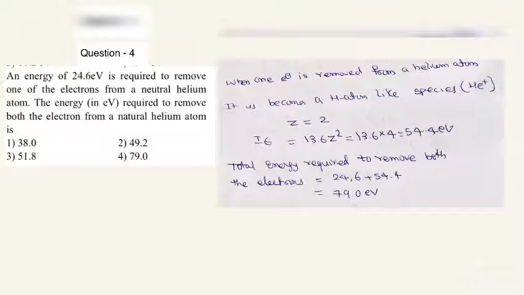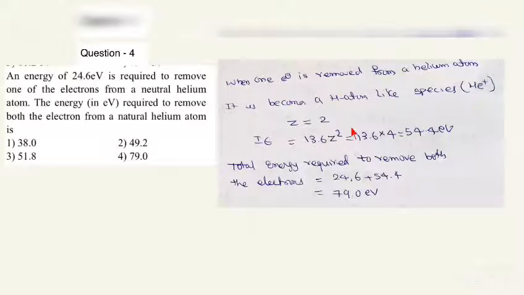Next one, the energy given is 24.6 electron volts to remove one electron from the neutral helium atom, and they are asking the energy required to remove both electrons. After removing one electron, it becomes a hydrogen-like species.